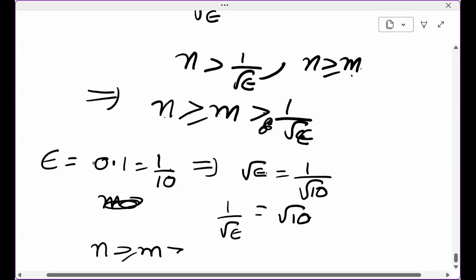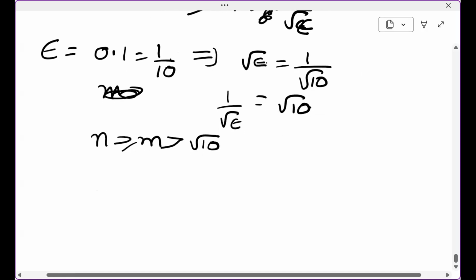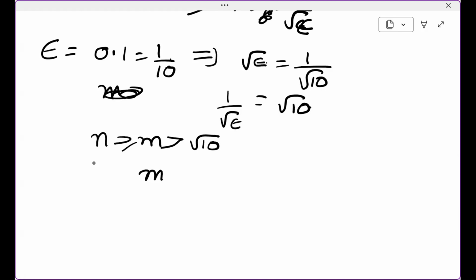M is greater than root 10. So what is the integer? Greatest integer, not less than or equal to. We want to find out the first number. M greater than root 10. M can be anything greater than root 10.